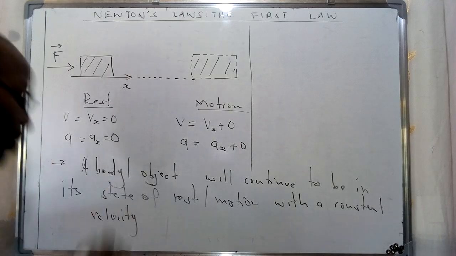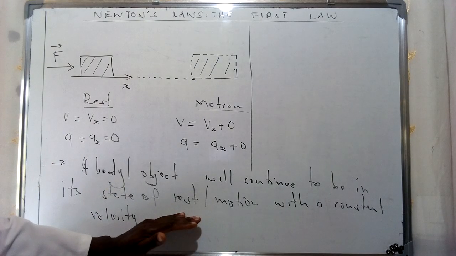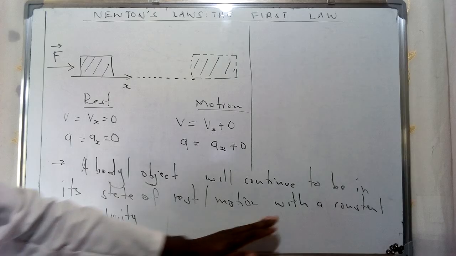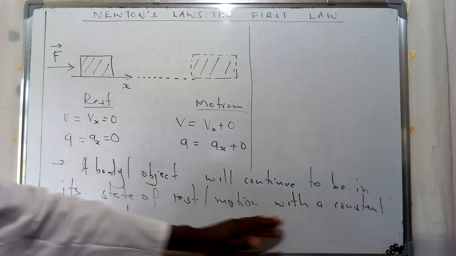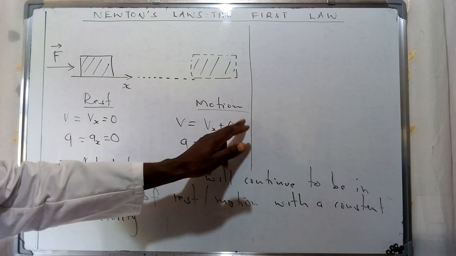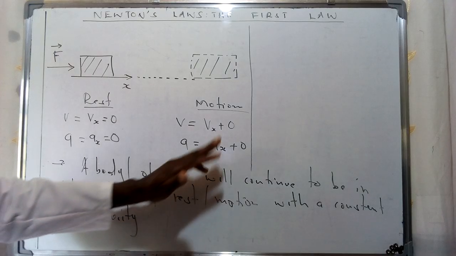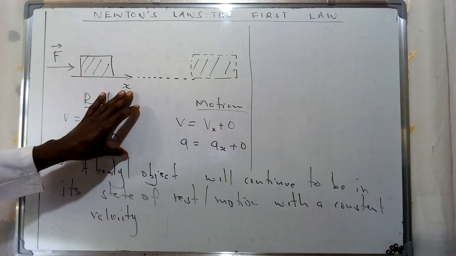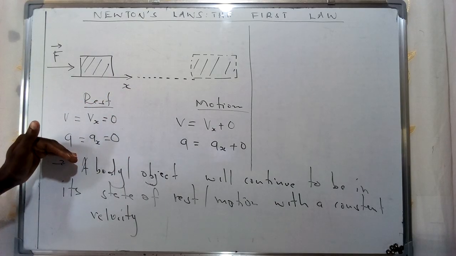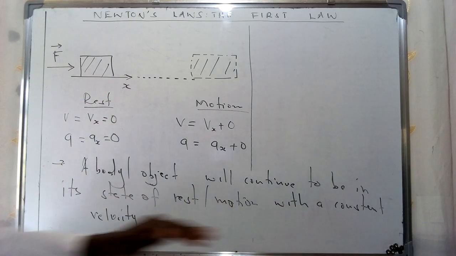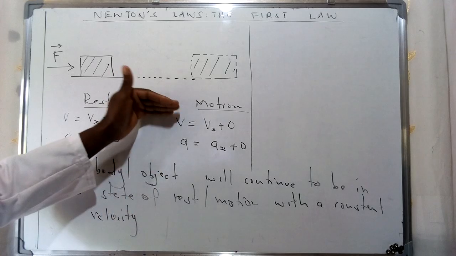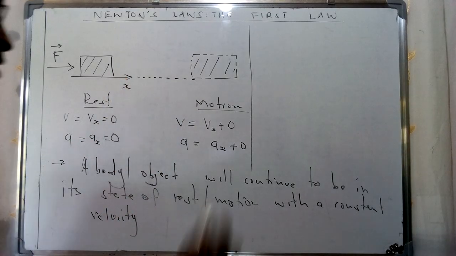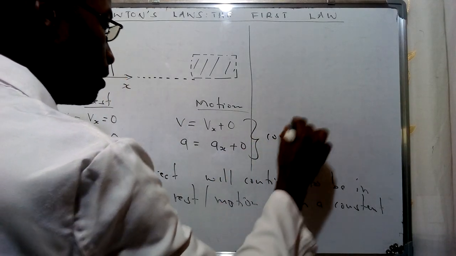So in this case, when I'm talking about this state of rest or motion with a constant velocity, this aspect of a constant velocity is implying this state of motion. So it's either going to maintain its state of rest at this specific point, for a description of velocity and acceleration given as such, or be in motion with a constant velocity given in terms of this specific representation, whereby we're going to consider the two as a constant.